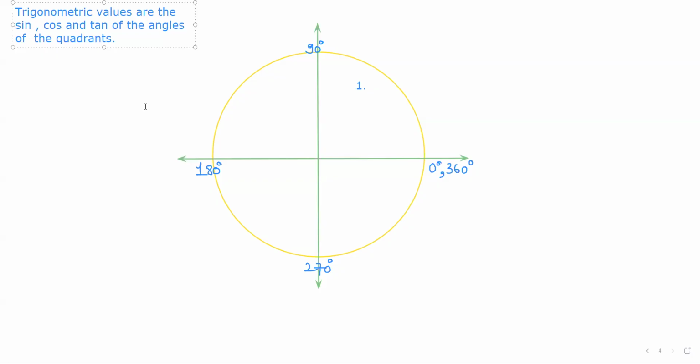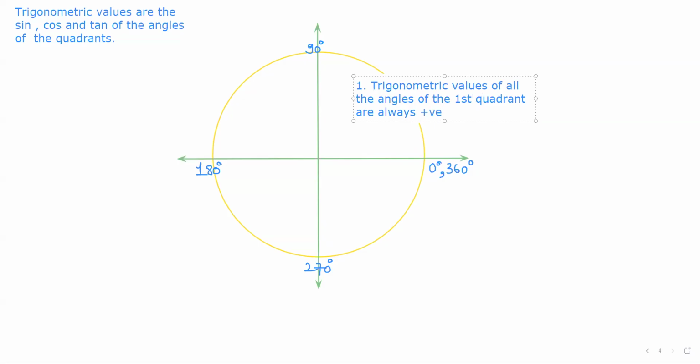So here, the first attribute of the first quadrant is trigonometric values. Please pay attention. Trigonometric values of all the angles of the first quadrant are always positive.